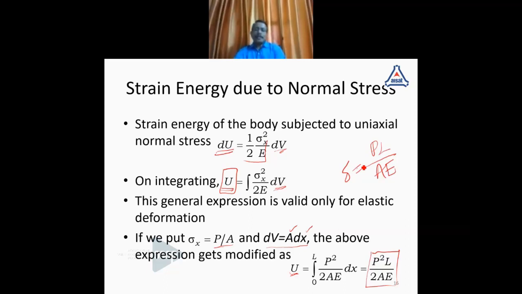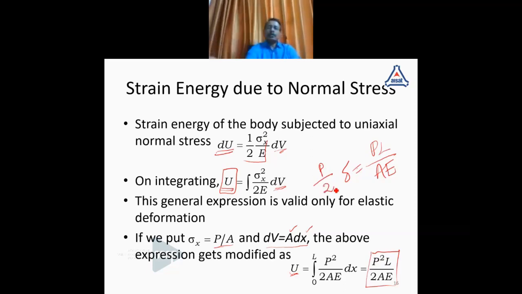Now the energy is given as P square L by 2AE, and that is P by 2 into PL by AE. So you can write U is equal to half of P into delta. It is the same expression which we have seen earlier: half of P into x, half of P into L. Now it is half of P into delta, the deflection.